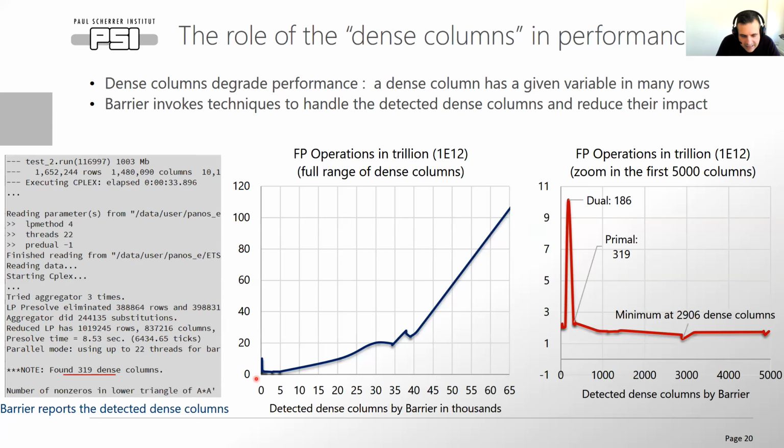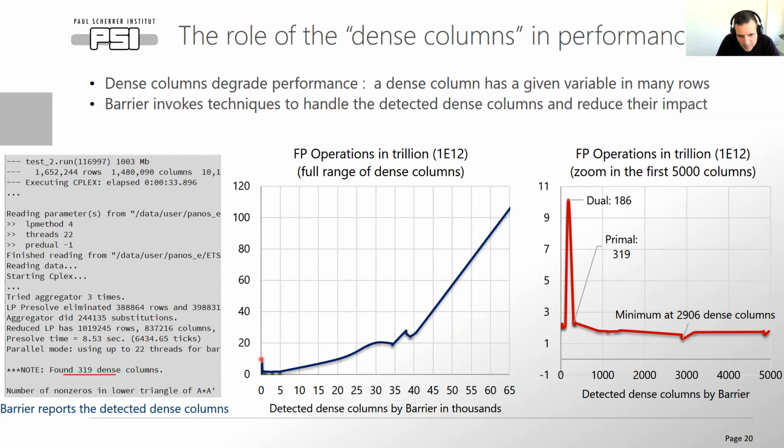In this chart I have plotted the floating point operations in trillions against the number, in thousands, of dense columns that barrier detects. You can see this is a pretty nonlinear function.